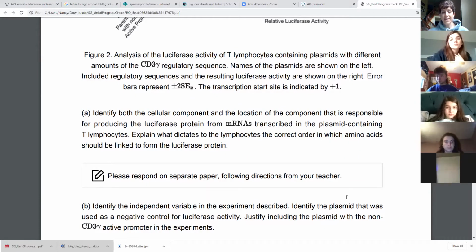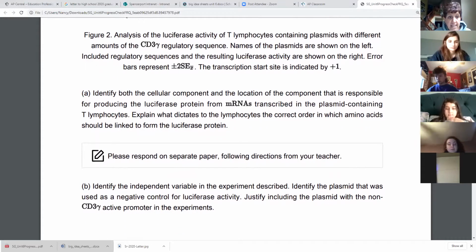The ribosome. Yes, that's what they were looking for. So the cellular component is the ribosome. And then the location of the component. Where is a ribosome? Cytoplasm. Yep. Because if it's going to do something right in that cell, it's going to be right in the cytoplasm. So that's what they were looking for.